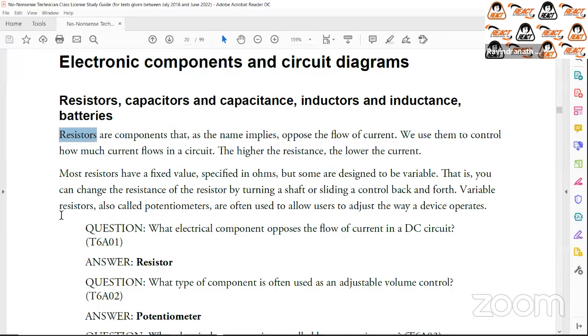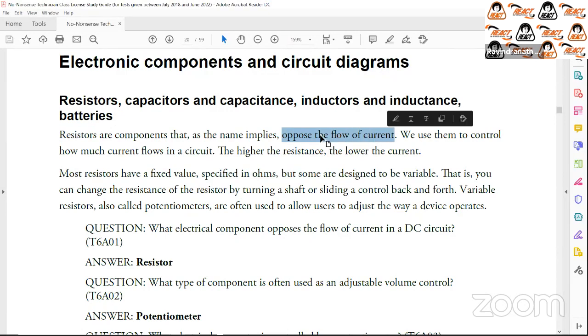Remember, we were using the analogy last couple of classes that, yes, we're talking about an electric circuit, but for us to understand, we try to make an analogy with water. So we say that a resistor is a component that opposes the flow of current.